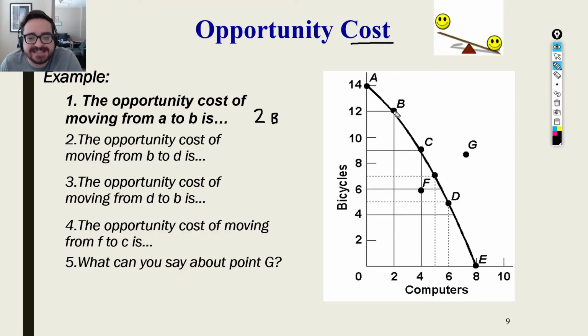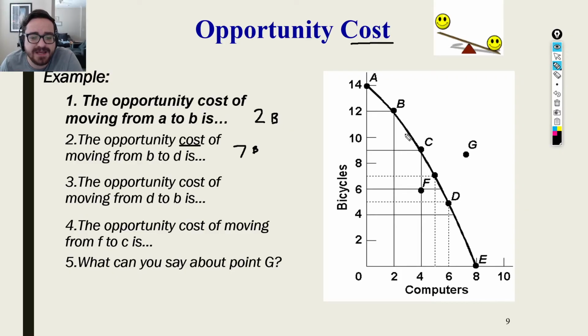So from B to D, at B I'm at 12 and 2, at D I'm at 5 and 6. So from B to D I've given up 7 bikes. And I've gained 4 computers, but again, it's asking for the cost, so I don't have to worry about the gain here, just the cost. Going from D to B, it's the same numbers, but you have to think, what are they giving up?